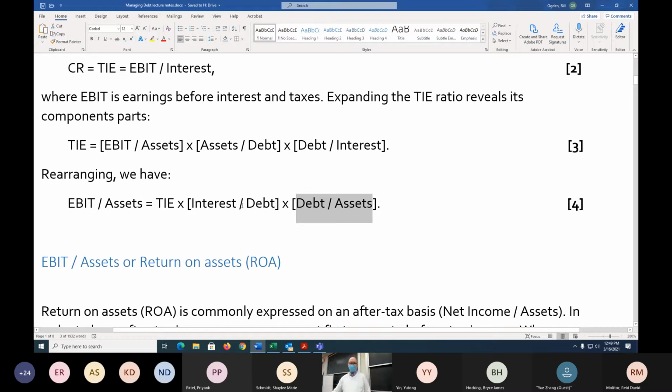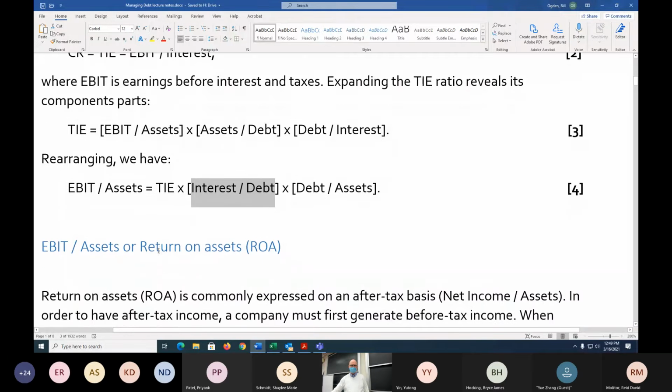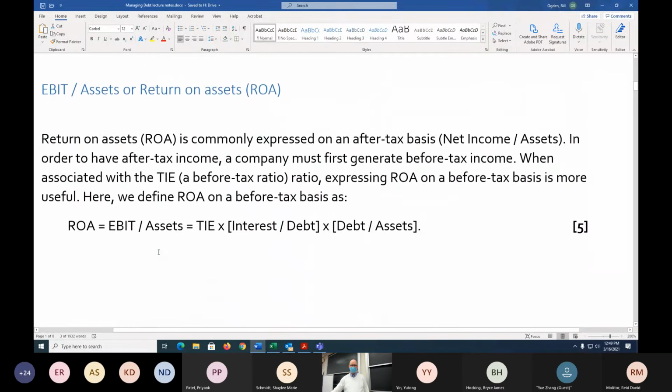What is interest over debt? So you pay $10 of interest on $100 of debt. What does that tell you? Your interest rate must have been 10%, right? So this is nothing other than the interest rate. Okay. So your ROA, EBIT to assets, is equal to the times interest earned ratio times the interest rate times the leverage ratio. So let's come down. Here's ROA, EBIT to assets.